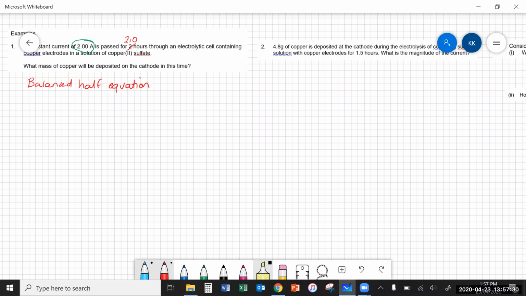So if copper is being deposited on the cathode, we're looking at copper ions reacting with gaining 2 electrons to produce metallic copper. So it's in solution, so this is aqueous, and this is our solid copper forming on the electrode, just like we saw in our practical video the other day.